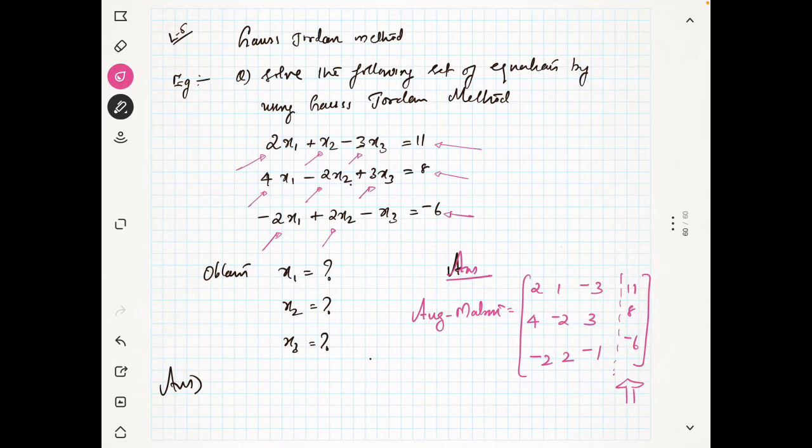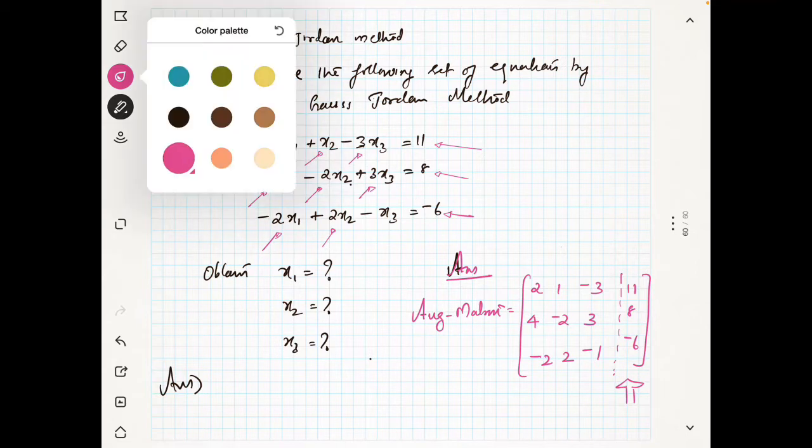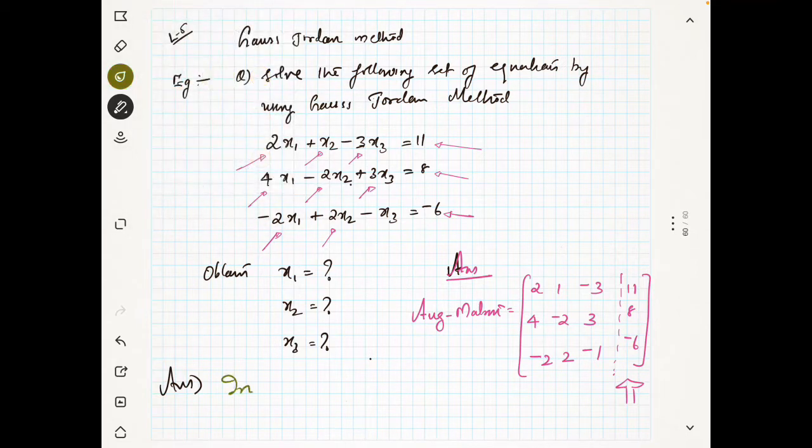Now what we want in Gauss-Jordan method, I will call it GJ method. In this method, finally you want to convert the augmented matrix into something here, something here, something here, and all the diagonal should be 1 and the rest should be 0.